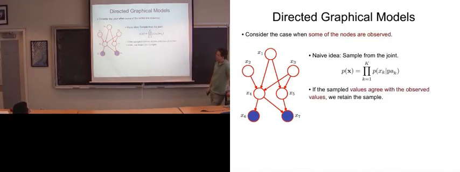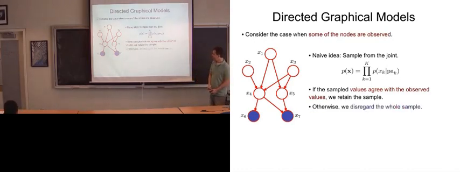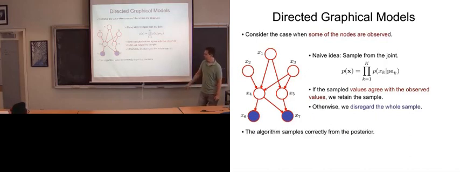You want to sample from the joint, so sample from the model. If the sample values agree with the observed values, then we retain the sample. Otherwise, we disregard the whole sample. So you're drawing samples from the model up until you agree with the data that you see. Right? This algorithm samples correctly from the posterior distribution.